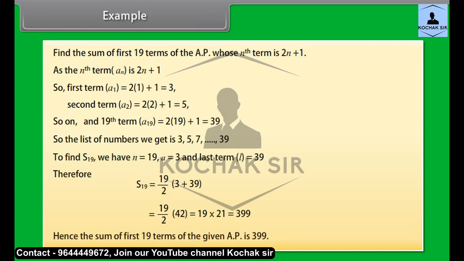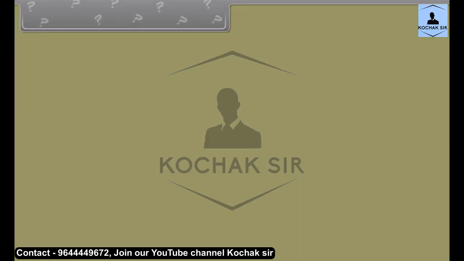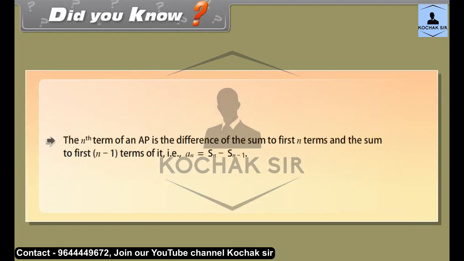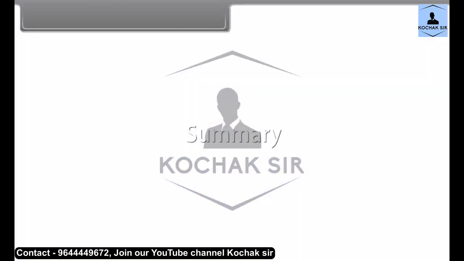Hence, the sum of first 19 terms of the given AP is 399. Did you know? The nth term of an AP is the difference of the sum to first n terms and the sum to first (n minus 1) terms of it, that is, an is equal to Sn minus S(n minus 1).